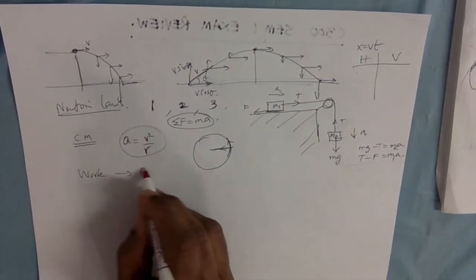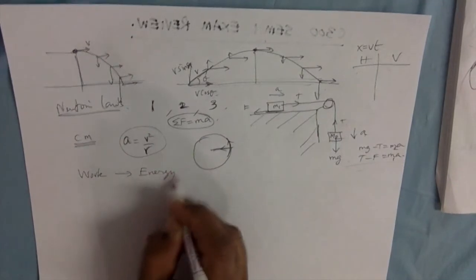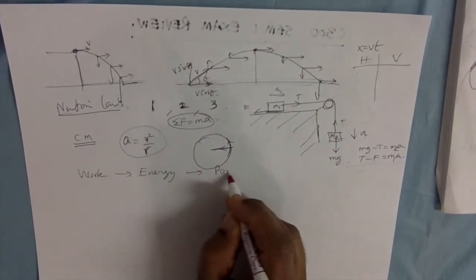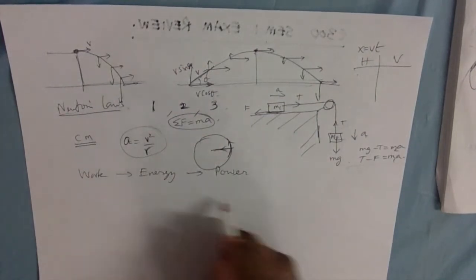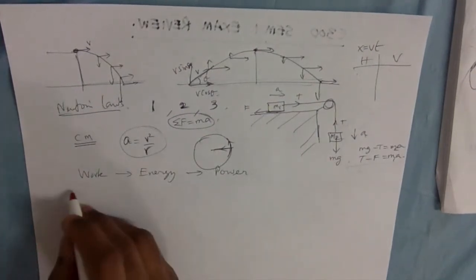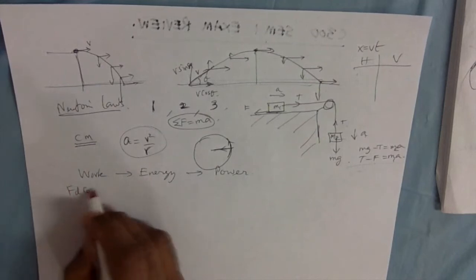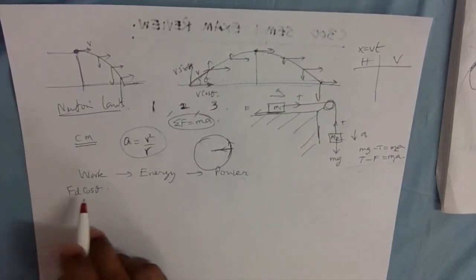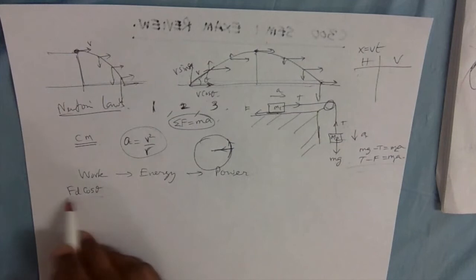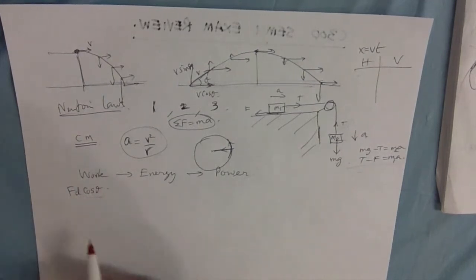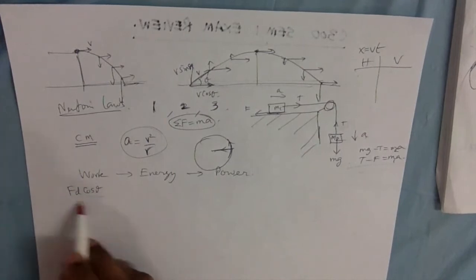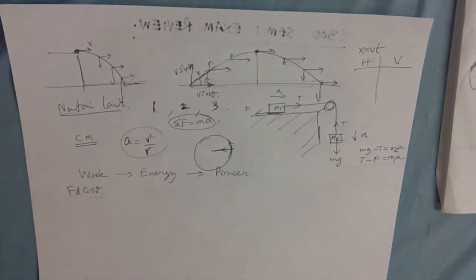Work, energy, and then power. Work is Fd cosine theta. So you can have negative work done, you can have positive work done, but you can also have some kind of fractional work done. Depending upon the angle, you can figure out whether it is negative work or positive work.